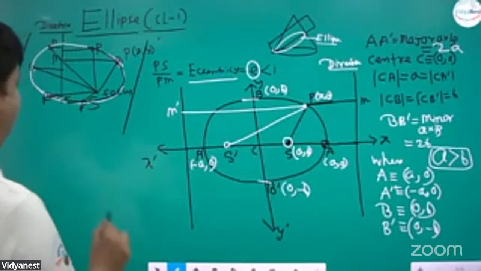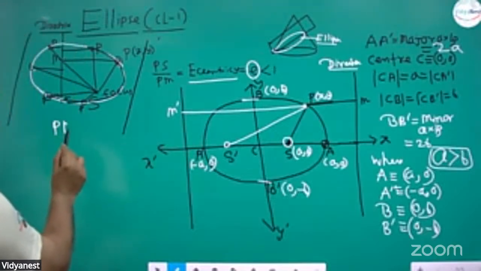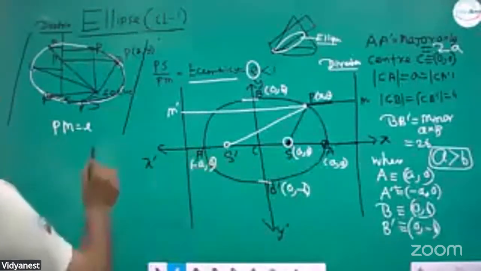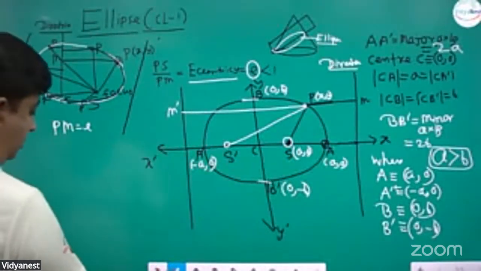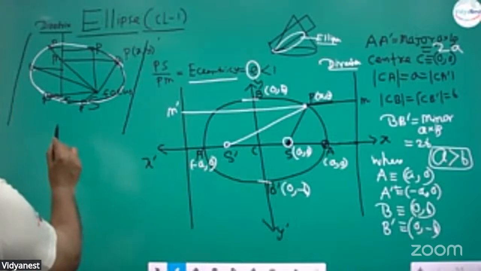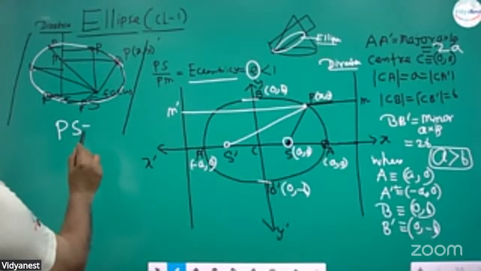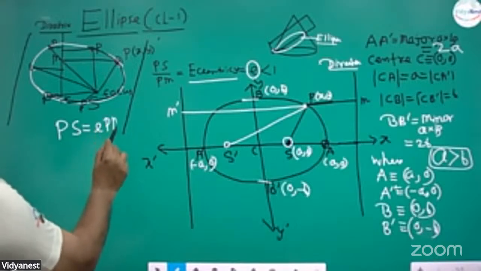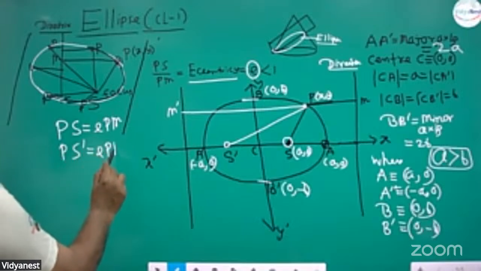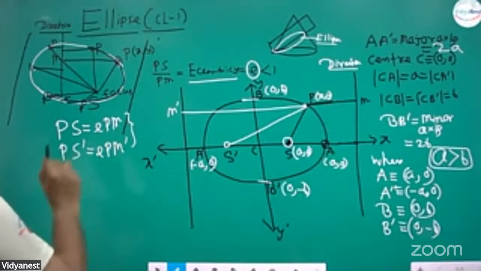You observe PS is equal to E PM, and PS dash is equal to E PM dash. So these two important results.